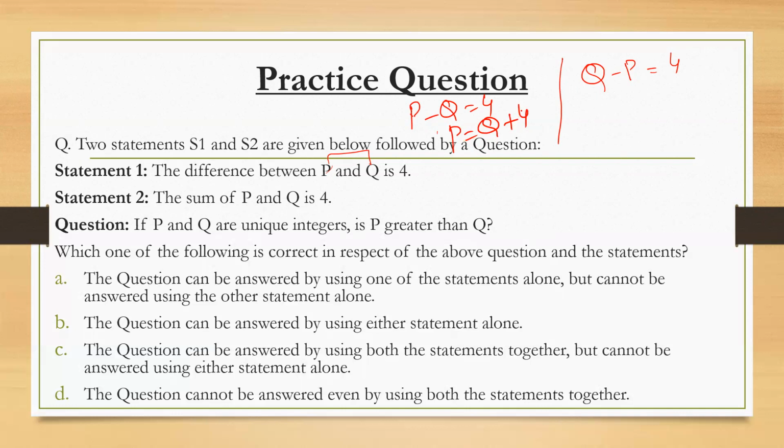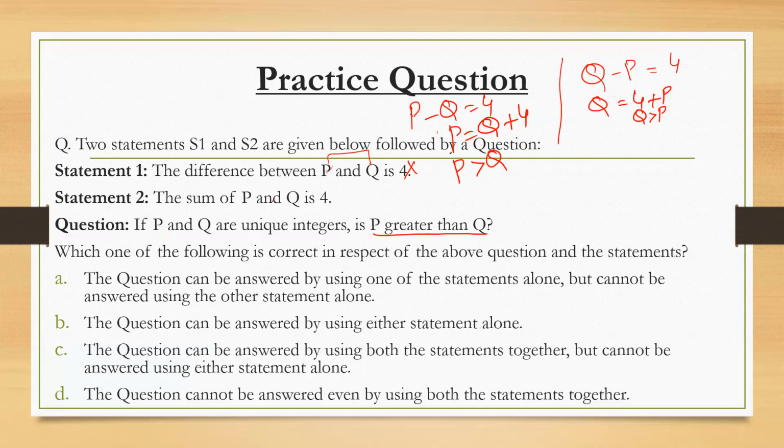If P is 4 more than Q, that means P is greater than Q. Similarly, here Q is equal to 4 plus P. That is, here we are getting Q is greater than P. Now the question asked is, is P greater than Q? So from statement 1, we are getting P is greater than Q or Q is greater than P. That makes no sense. It is not a definite answer. Therefore, statement 1 will not answer my question.